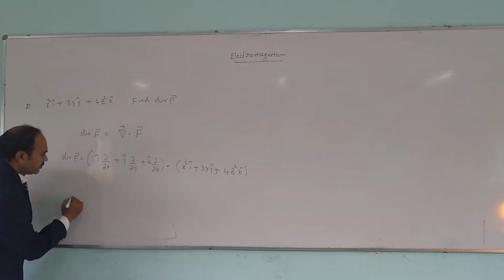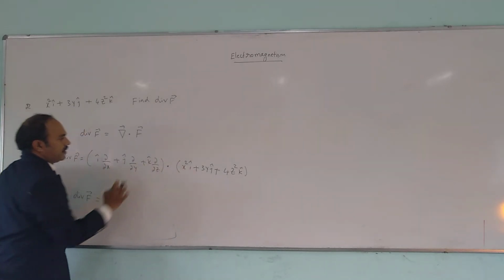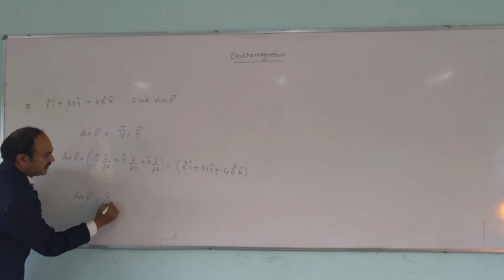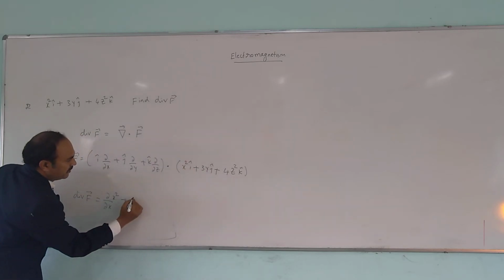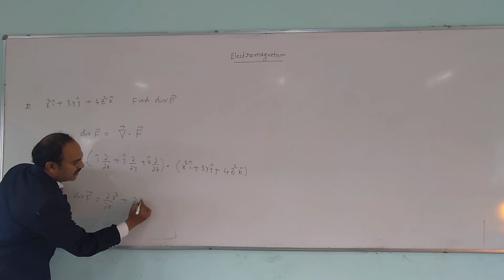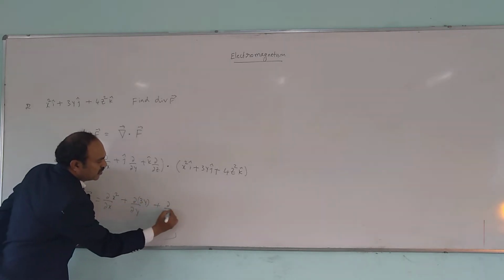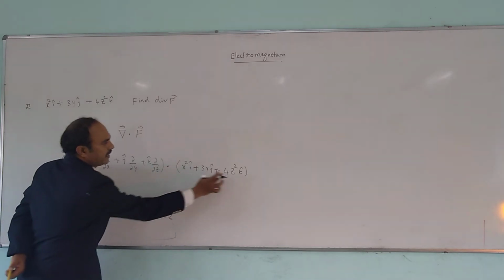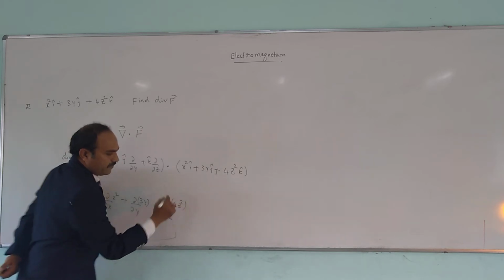In the next step, the prefixes should be multiplied. This is dou by dou x of x square plus, j dot j is always equal to 1, dou by dou y of 3y, plus dou by dou z of 4 into z square.